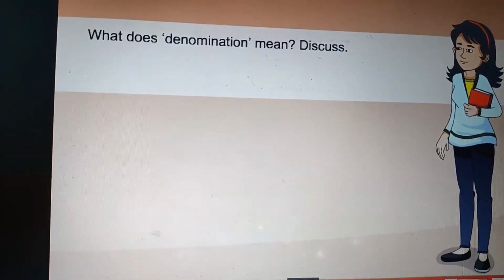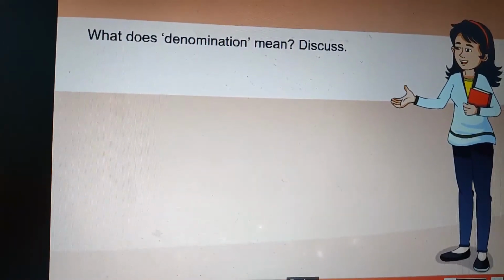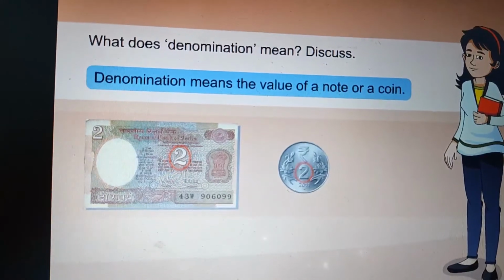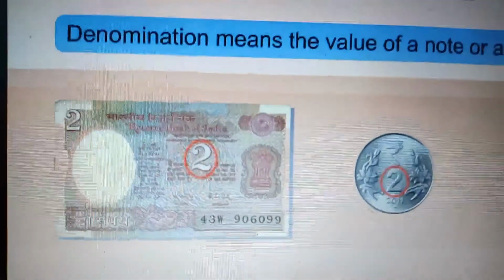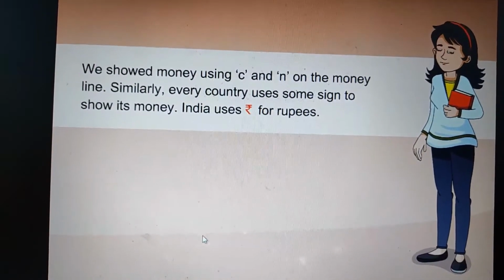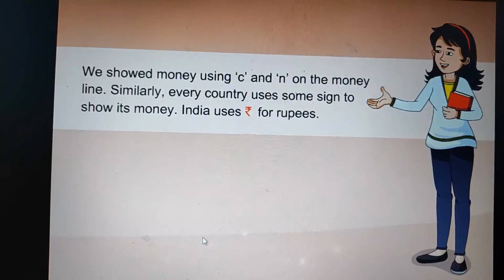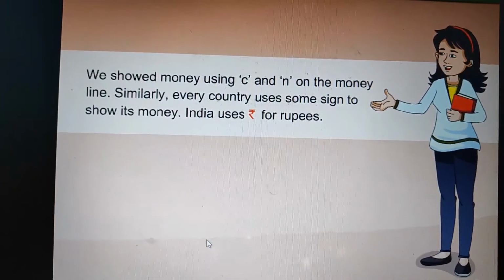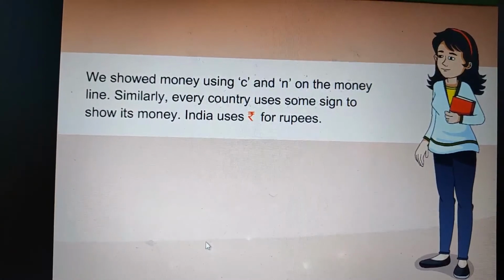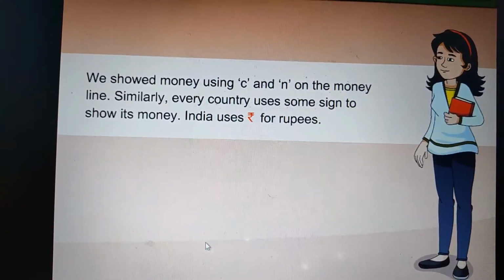Let's see what denomination means. Denomination means the value of a note or a coin. We showed money using C and N on the money line. Similarly, every country uses some sign to show its money. India uses ₹ for rupees.